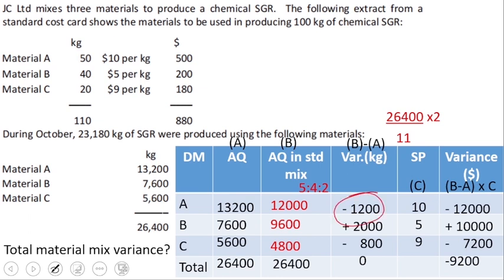It's minus 1,200 into 10, so it's minus 12,000, plus 2,000 multiplied by 5, it's plus 10,000, minus 800 multiplied by 9, it's minus 7,200. So the net effect, it's negative 9,200. Since it's negative 9,200, it's 9,200 adverse variance. So we write the material mix variance as $9,200 adverse.